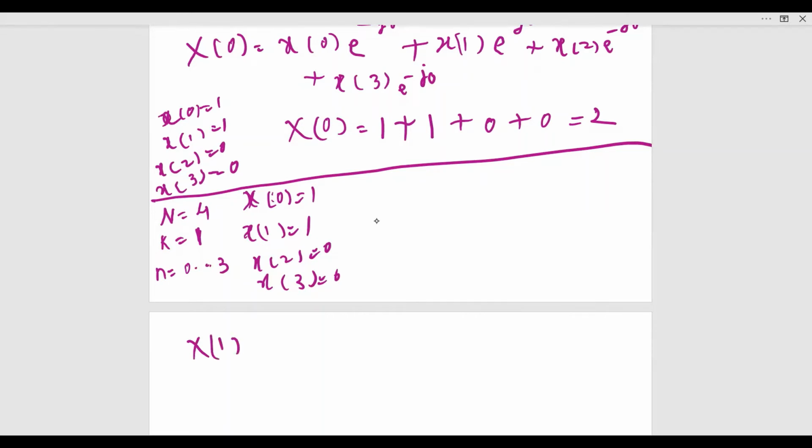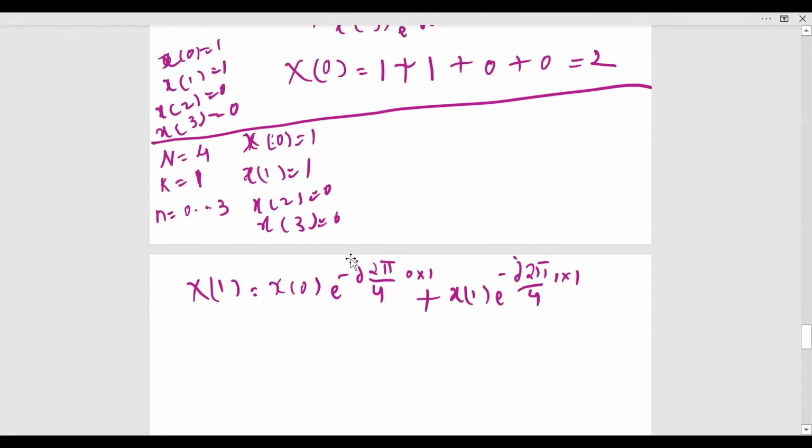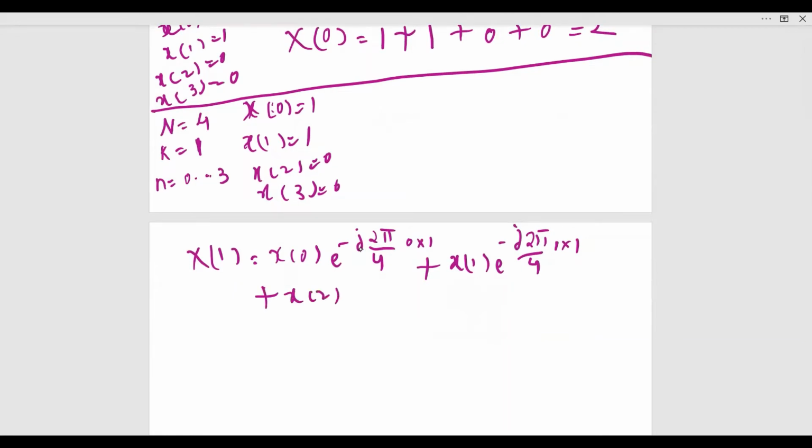So x of 1 is equal to x of 0 e power minus j 2 pi by 4, small n here is 0 and k is 1, so 0 into 1, plus x of 1 e power minus j 2 pi by 4, here small n is 1 and also k is 1, 1 into 1, plus x of 2 into e power minus j 2 pi by 4, small n is 2 and k is 1, plus x of 3 e power minus j 2 pi by 4, n is 3, k is 1.